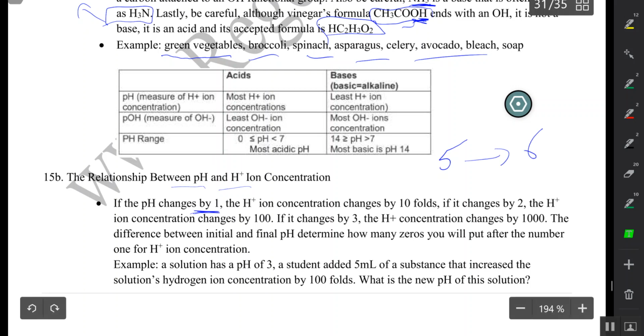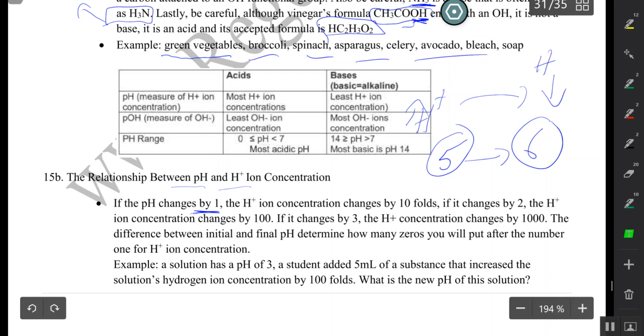So if I have a pH of 5, obviously I'm more acidic, so that means I have more H's than if I have a pH of 6. So the H concentration going this way is going to decrease. The hydronium ion concentration decreases in that direction. You changed by 1 pH unit, so therefore the hydronium ion concentration is going to change by 10 folds.